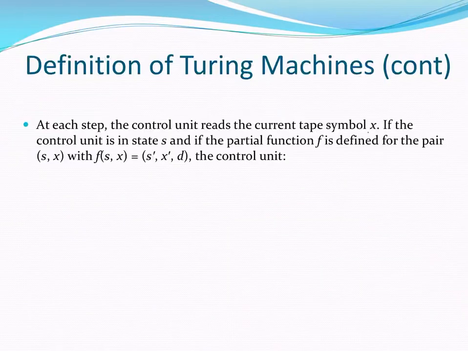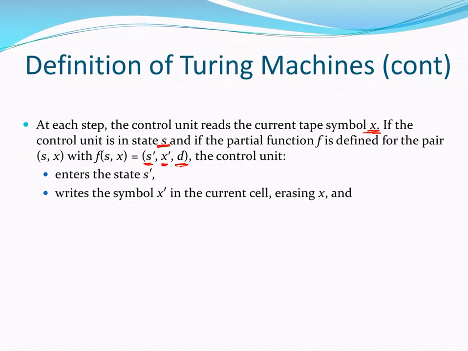And here's how they work. If we're reading an input x and we're in a specific state, then our function will cause us to go into a new state, write that output x prime, and go in the direction D. So when we read x, we go into state S prime, we write symbol x prime in the current cell, and we have to erase whatever's there.